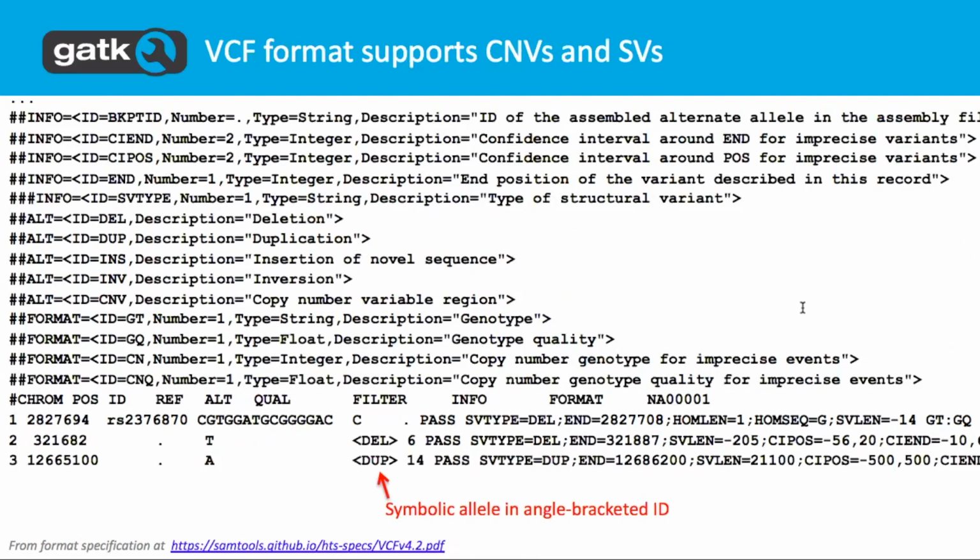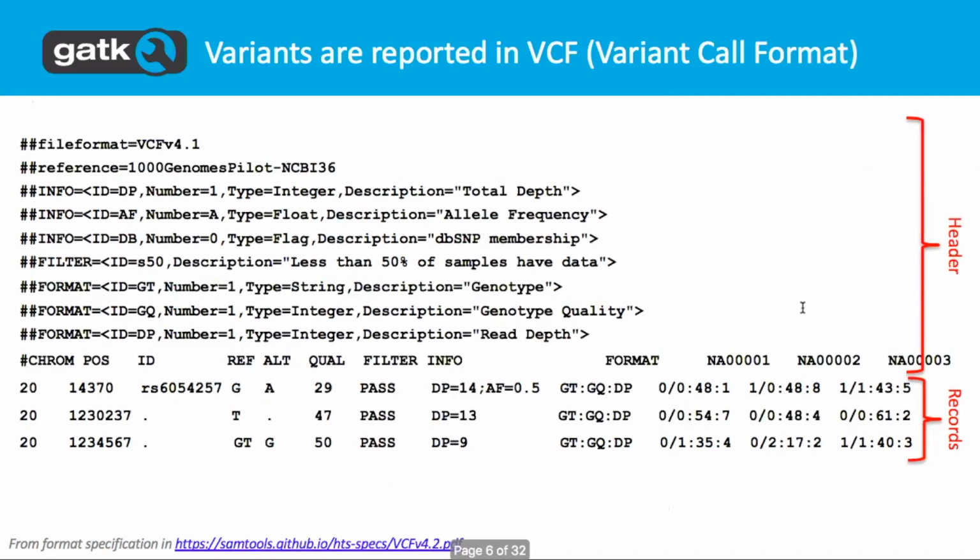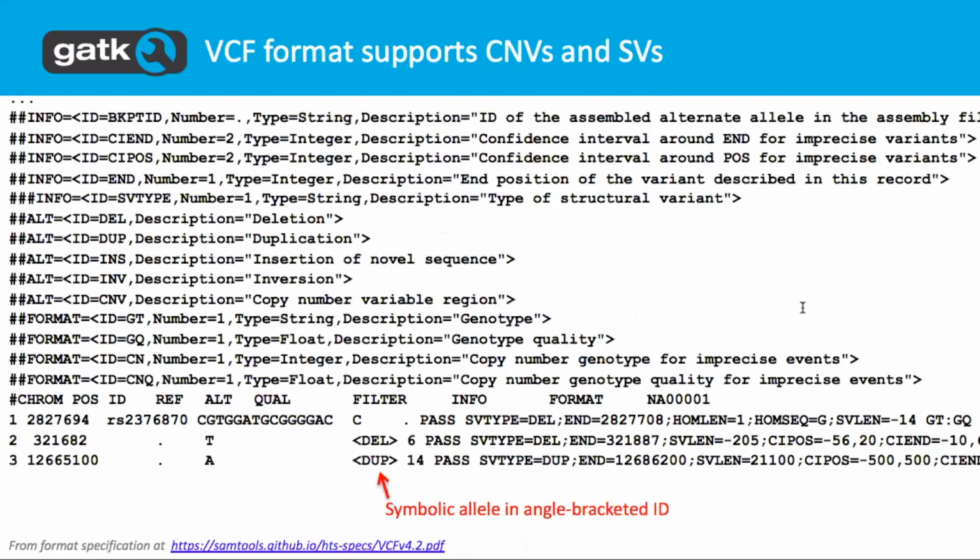This was for representing variant information of SNPs and indels, but we can also use VCF to represent structural variations, even though it gets a little bit more messy. The idea is the same.